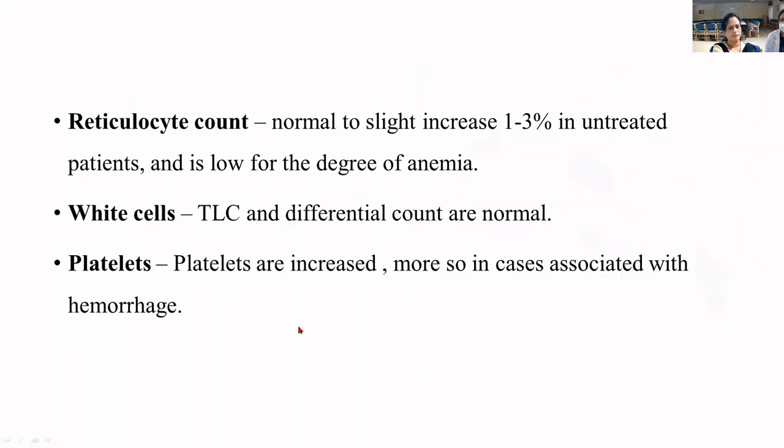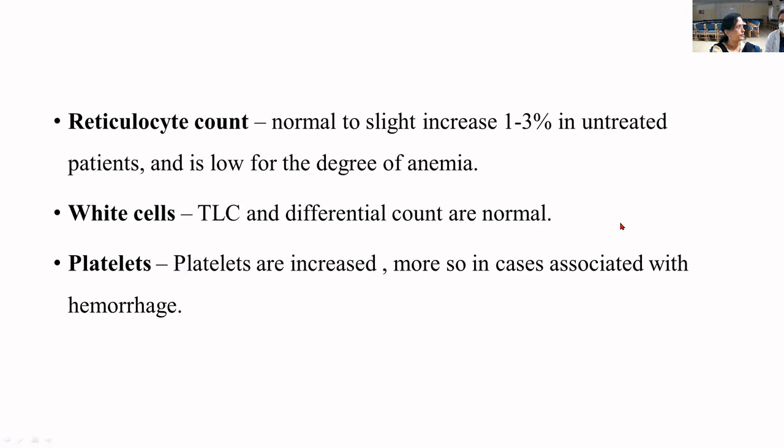Now we should talk about the WBCs also. The total count could be normal or increased if there is any associated hemorrhage or infection. The differential count is usually normal, but many times with iron deficiency we see increased eosinophils. There could be eosinophilia.